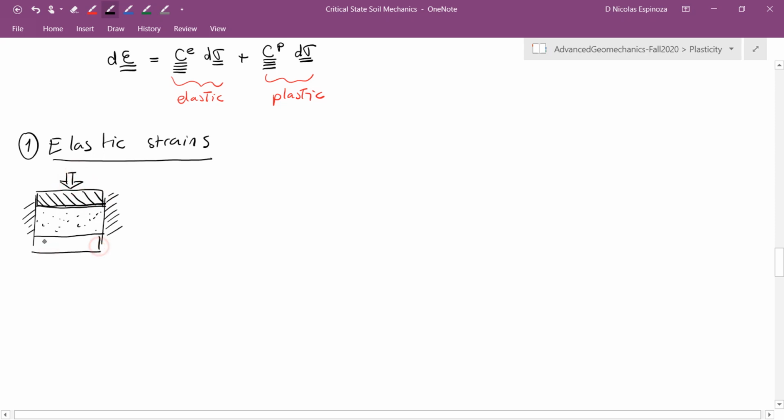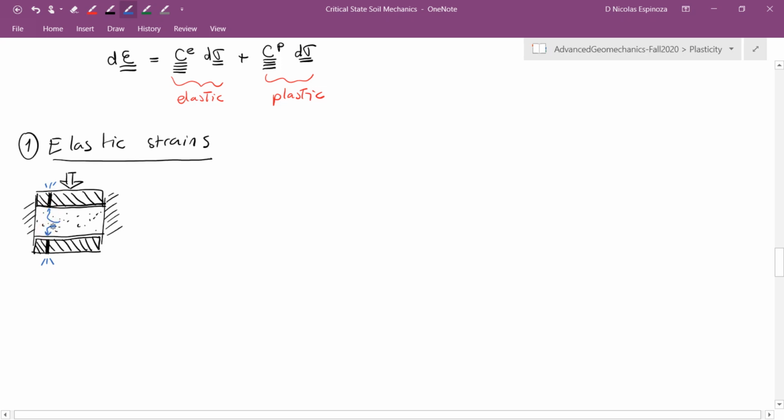Usually these types of tests are done in such a way that the fluid that is within the pore space of the sediment can escape through end caps and through ports made in these end caps, so that if you do have any excess pore pressure, that one is released during the loading.